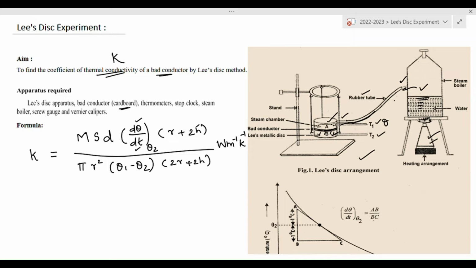Now, the heat from A will be falling onto the bad conductor, and then it is moving towards the metal disc.